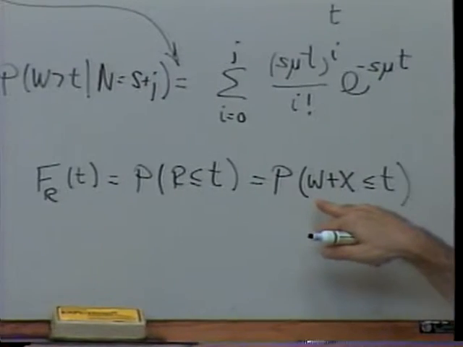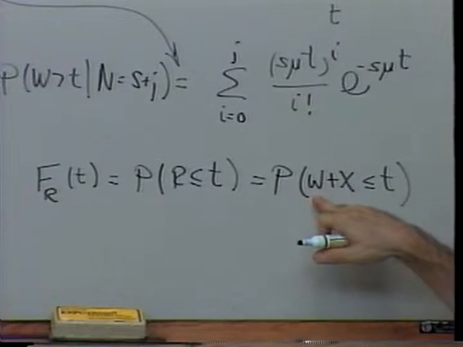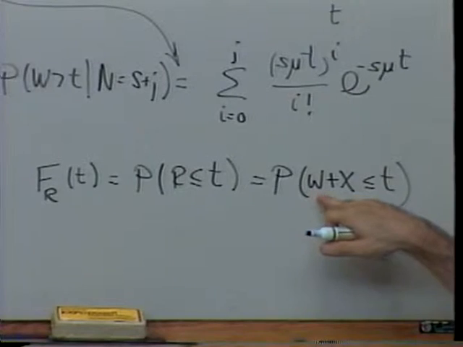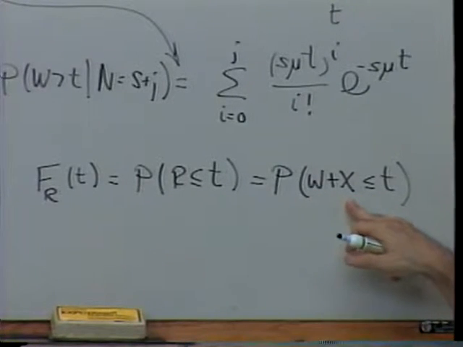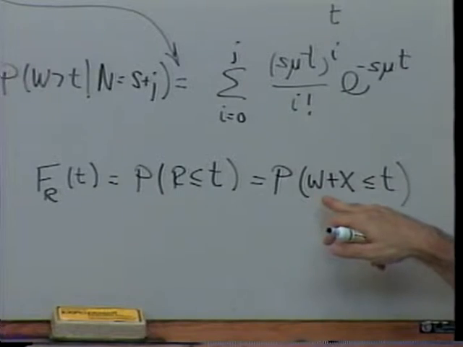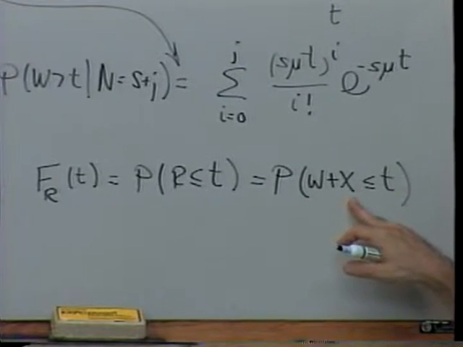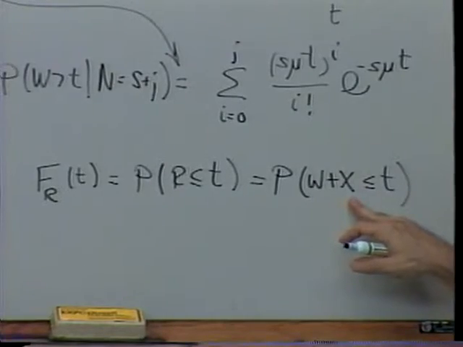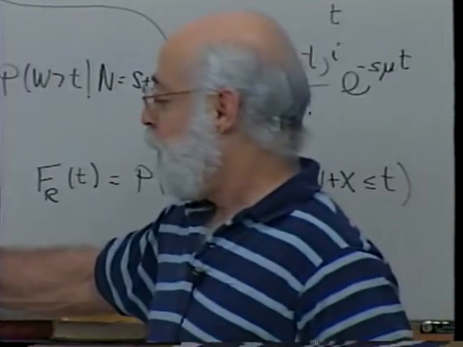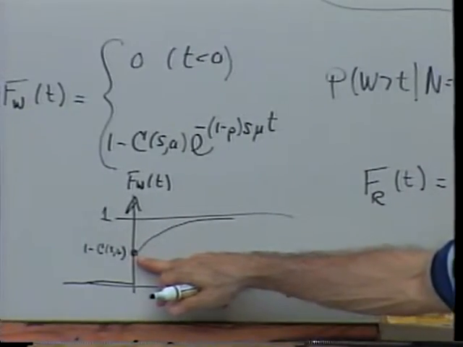Now, to find the distribution function of r, I have to take the convolution of w and x. X is the service times, it's exponential, and of course the service times are assumed to be independent of the waiting times. So you have to take the convolution of this random variable's distribution function with this random variable's distribution function to get the answer. And in doing that, if you ignore this jump at the origin, then you're not going to get the right answer.